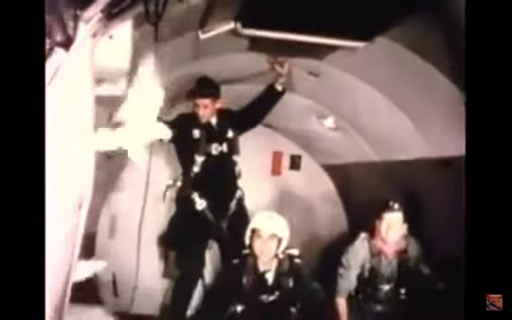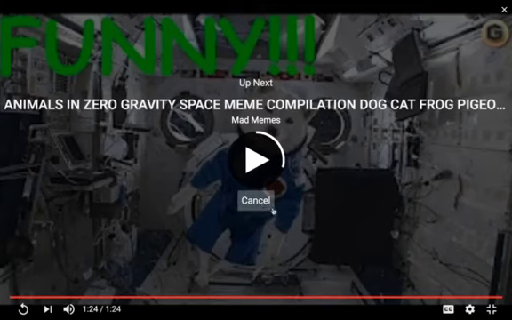Pigeons normally keep their bodies in a horizontal axis while in flight. These zero-G birds have lost their feeling for what is up or down and point in all directions, some even flying upside down.